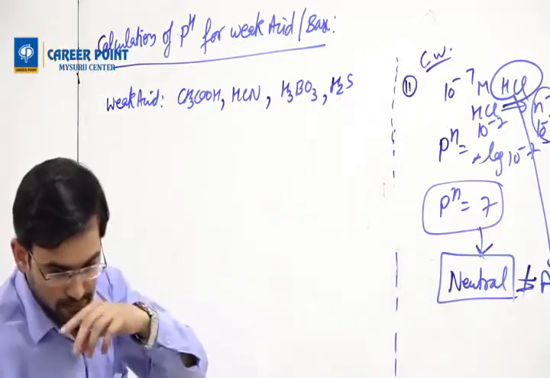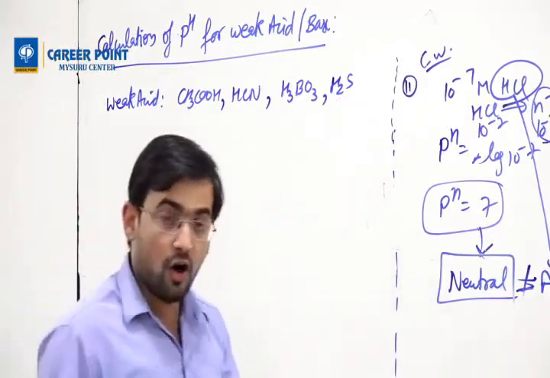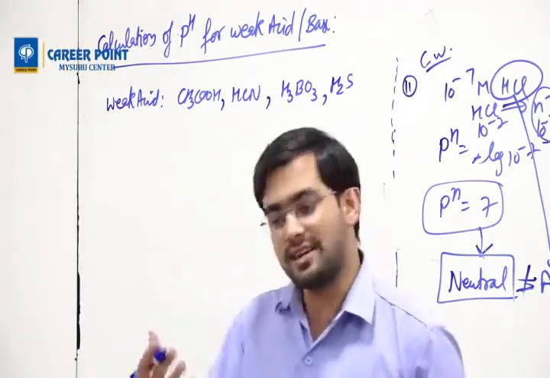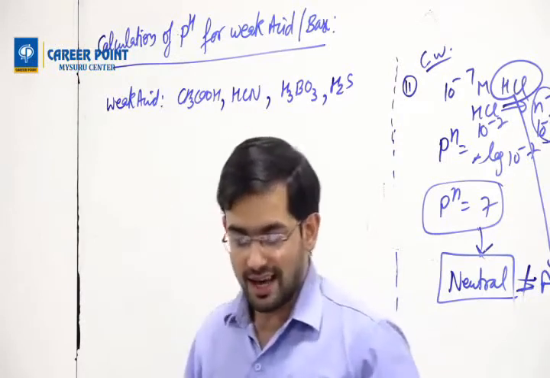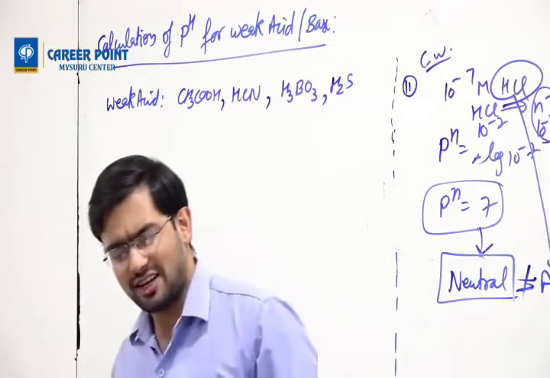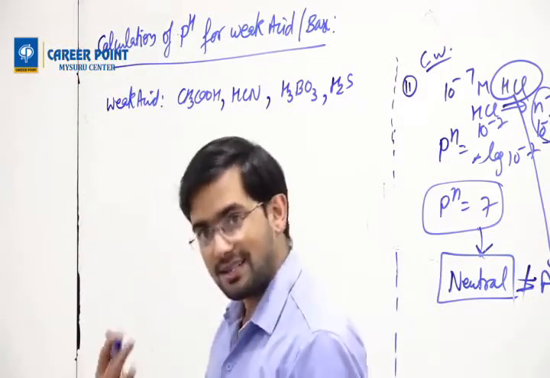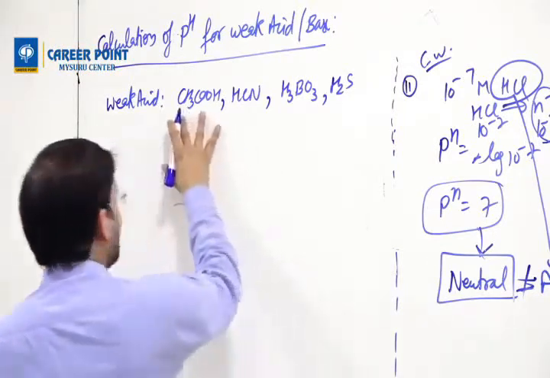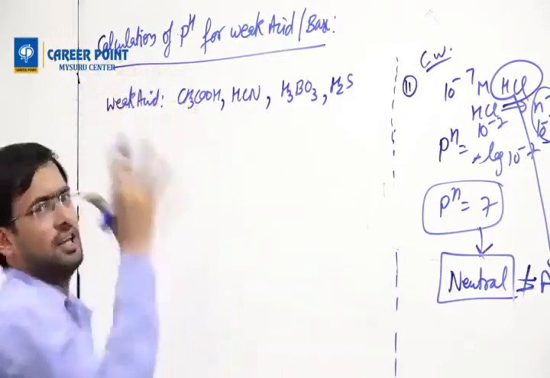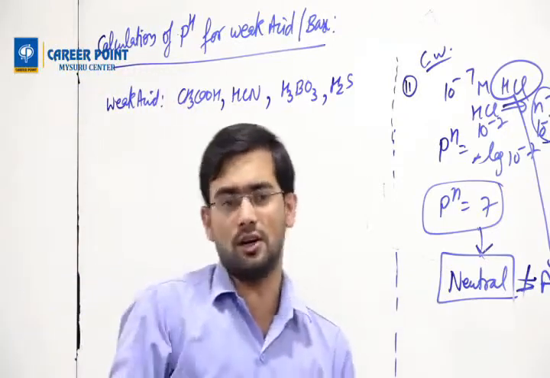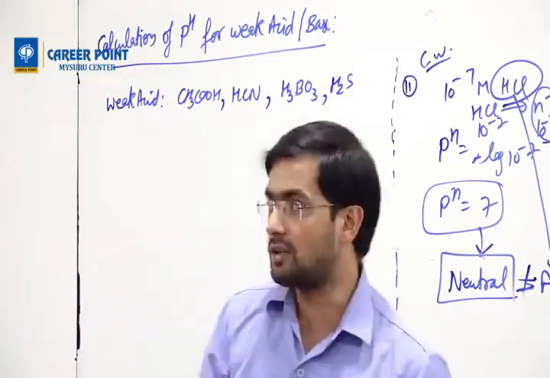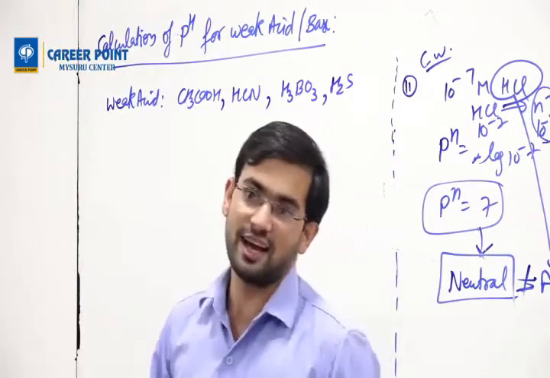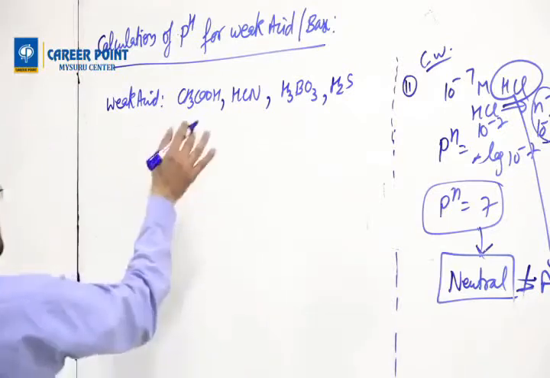Okay? All organic acids are weak acids. Oxalic acid, all carboxylic acids, citric acid. So after writing acetic acid, you can write any carboxylic acid: formic acid, methanoic acid, ethanoic acid, oxalic acid, malonic acid, fumaric acid, succinic acid, citric acid, palmitic acid. All are weak acids.